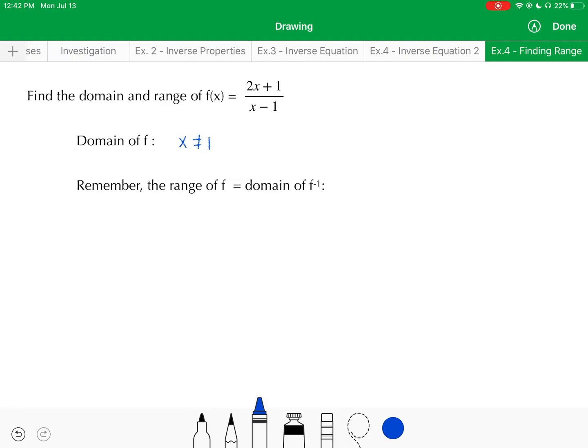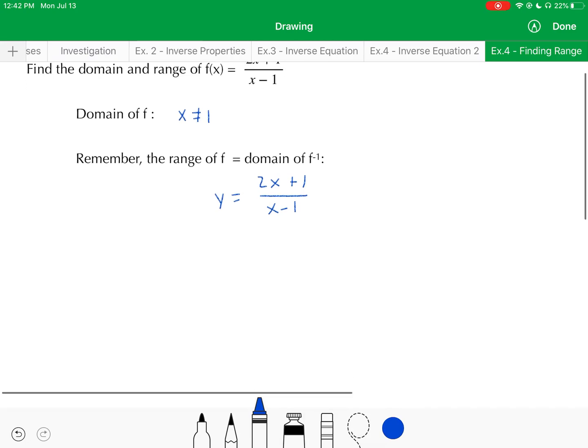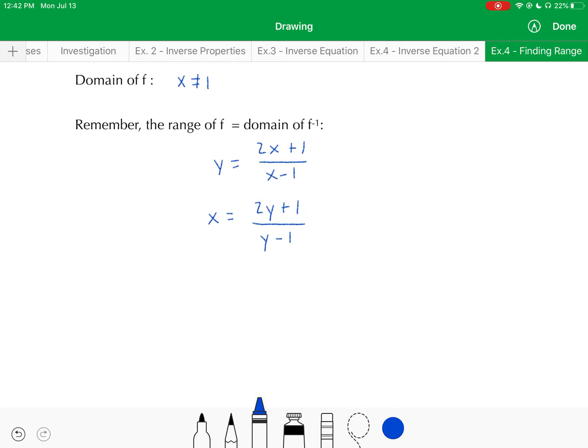So to find the inverse of f, I'm going to treat f like y. I'll switch x and y. And then I'm gonna try to solve this for y, okay?